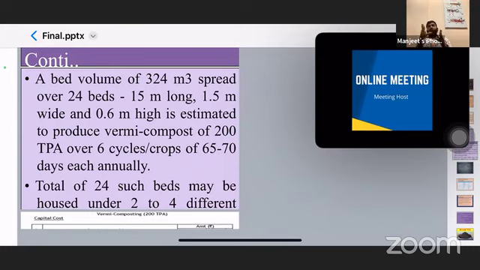For 24 vermicompost beds, the maximum cost will be 5 lakh 60,000. This is a one-time cost. For finished products, about 30 meter scale, which is 30,000.